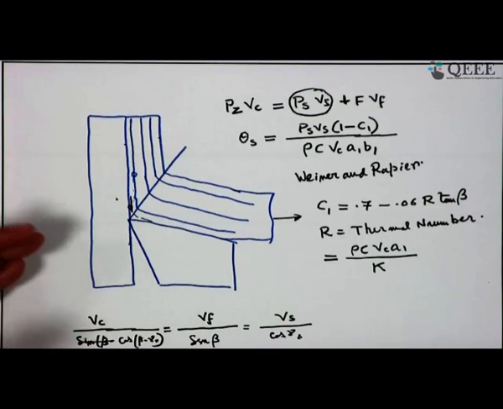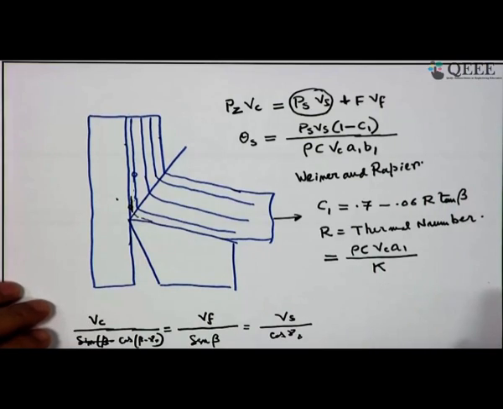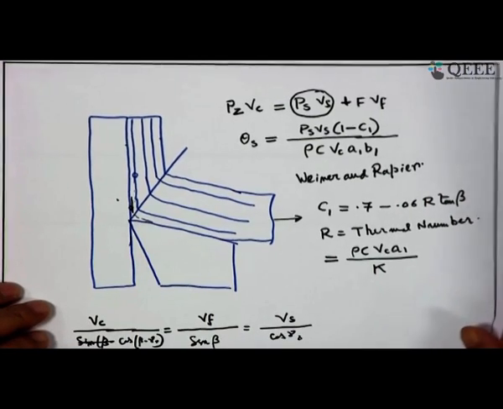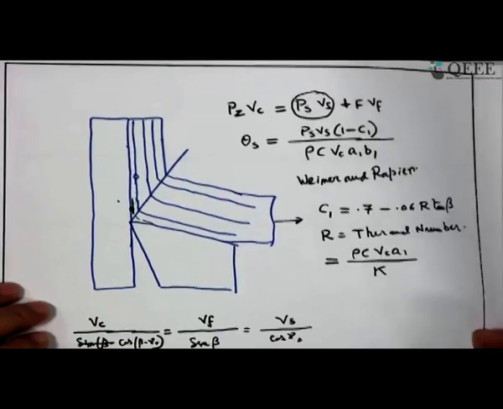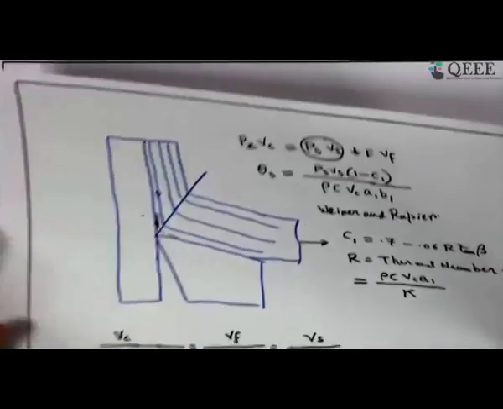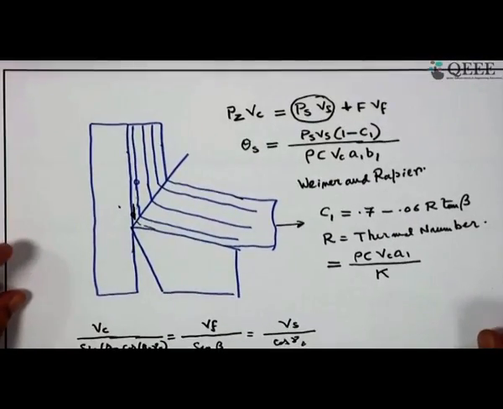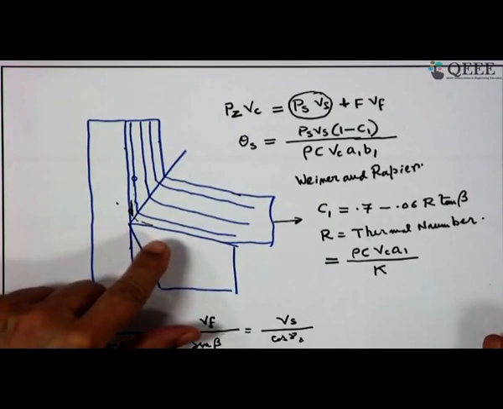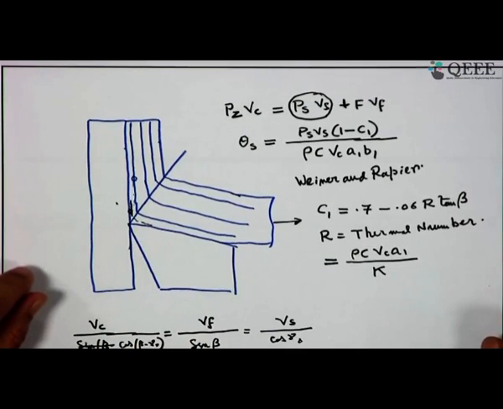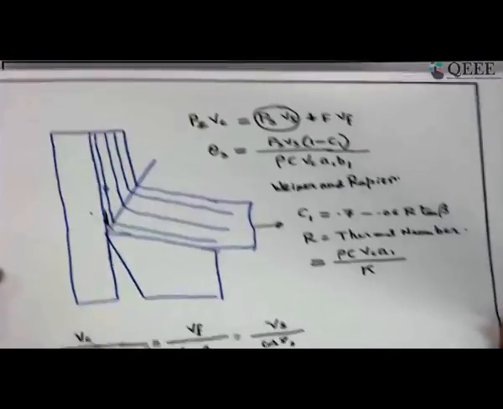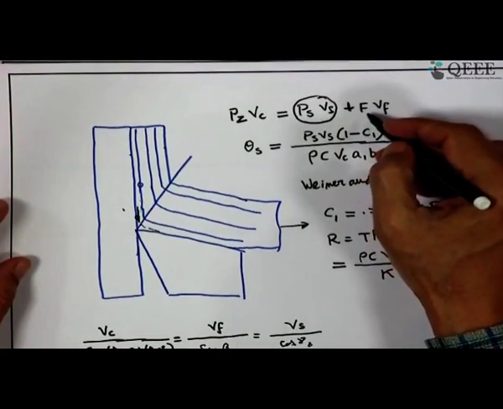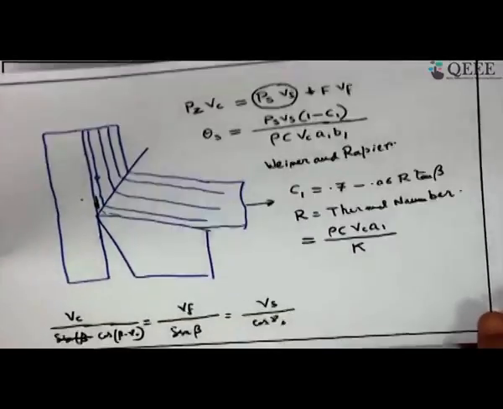To get an idea of this, we have to see how much work is done in the secondary shear zone. In the secondary shear zone, I have already shown F into Vf.